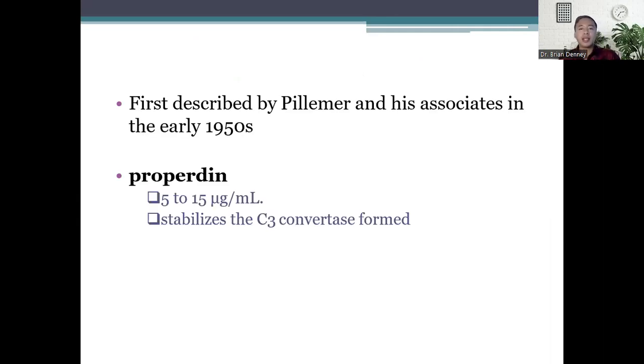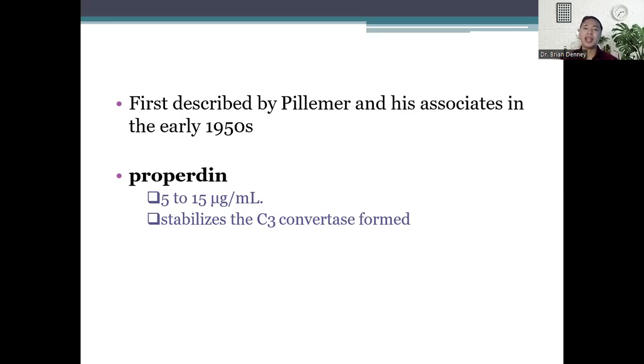All right, let's continue. This was first described by Pillemer and colleagues in the early 1950s. Before, this was not termed the alternative pathway. It was called the properdin pathway by Pillemer, because they thought it was properdin which initiated the cascade. But they discovered in the early 1950s that properdin is just a stabilizing agent.